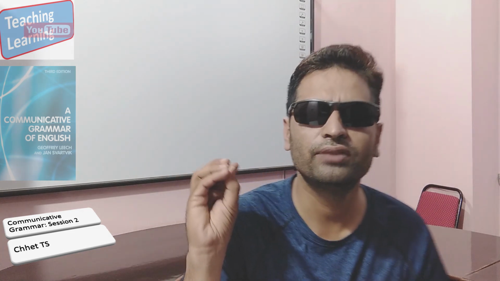So let's start from concrete nouns, because if we start from concrete nouns, it is easier for us because we can see it, we can touch it, we can hear it, whatever we can do. So that is the concrete nouns.